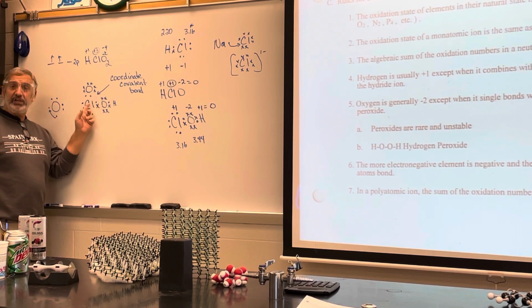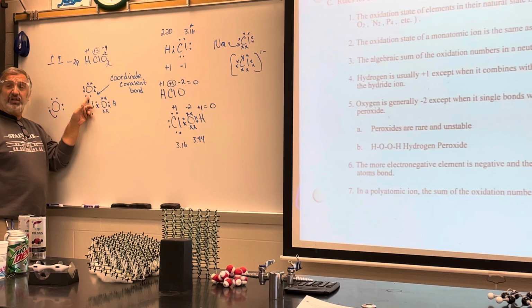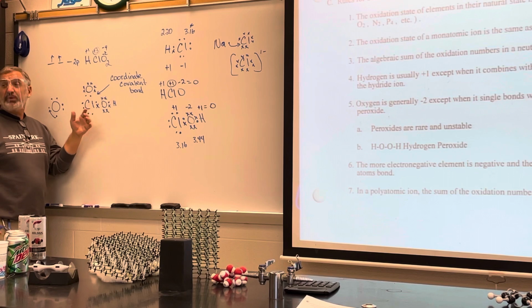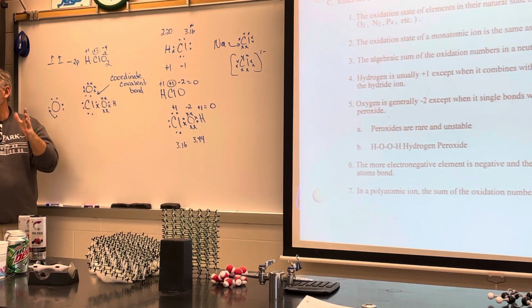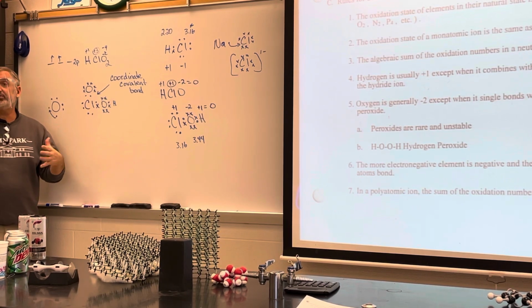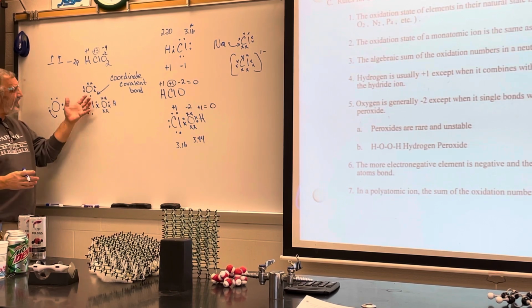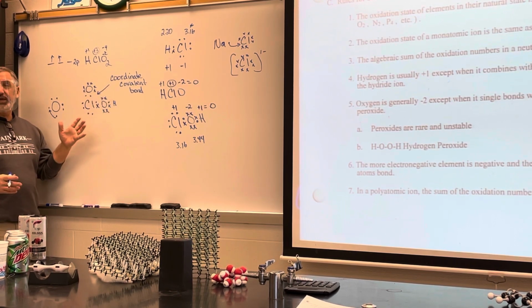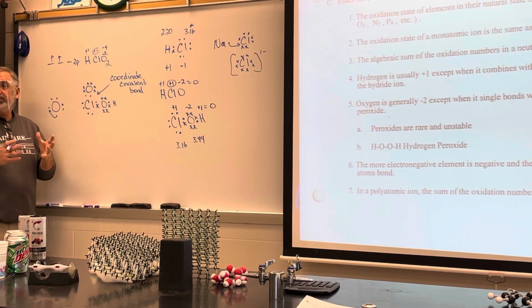It's a single covalent bond, identical in strength and character. These 2 bonds are exactly the same. So that's why we could just put electrons anywhere in our Lewis dot structure. It doesn't matter the source. But technically this is called a coordinate covalent bond. Oxygen's one of those few that can do that.